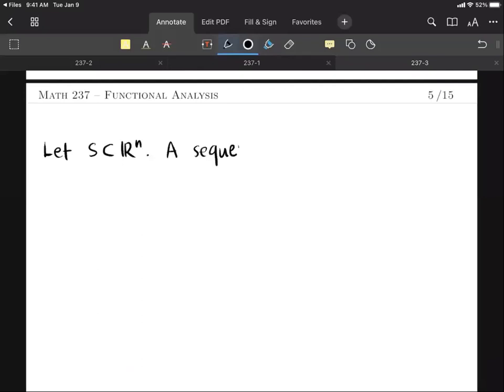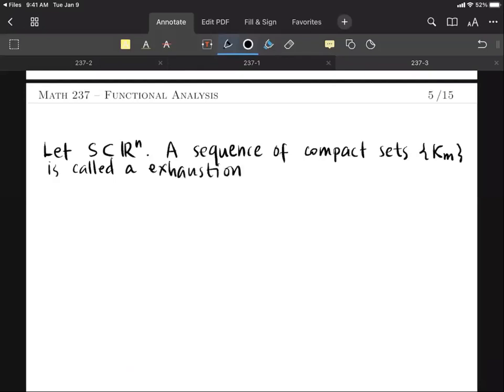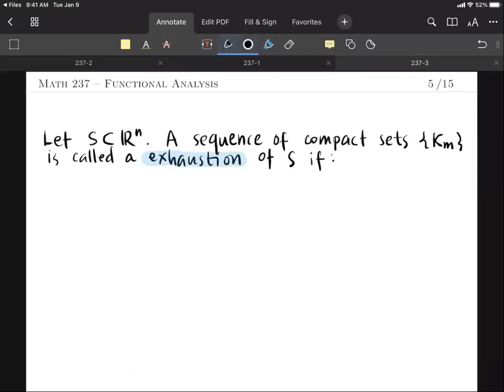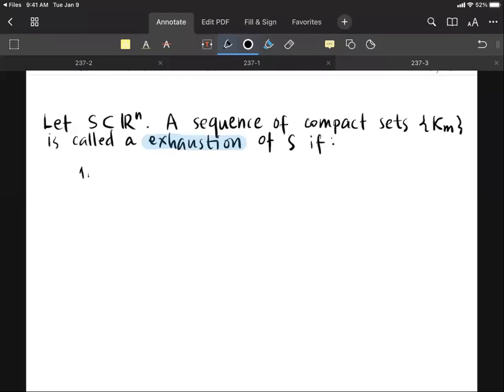We shall call a sequence of compact sets, let us call that sequence K_m, an exhaustion of S if the following properties are satisfied. So the first one, S must be the union of the compact sets.